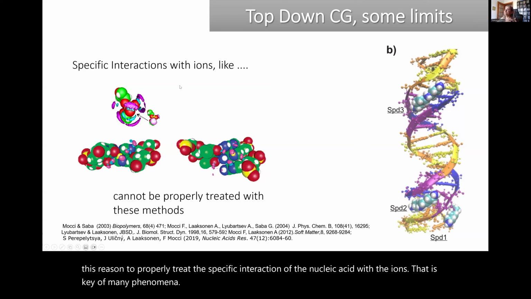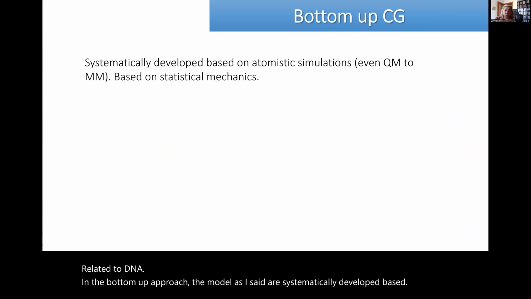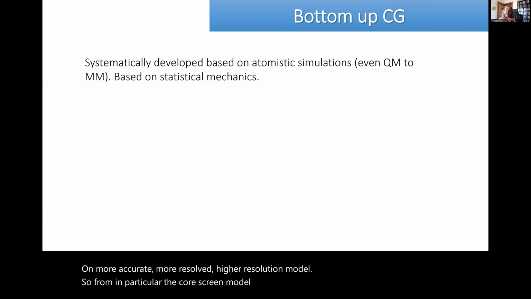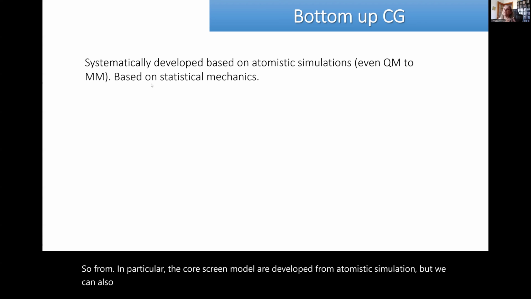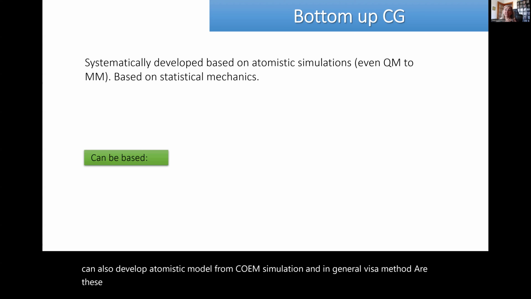In the bottom-up approach, the models, as I said, are systematically developed based on more accurate, higher resolution models. So in particular, the coarse-grained models are developed from atomistic simulation, but we can also develop atomistic models from QM simulation. And in general, these models are based on statistical mechanics.